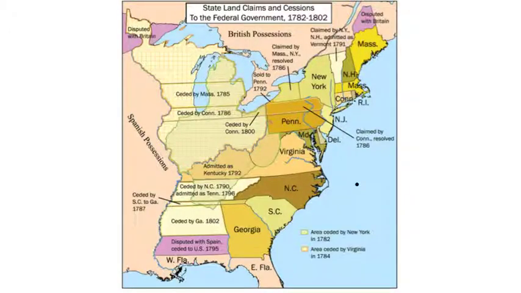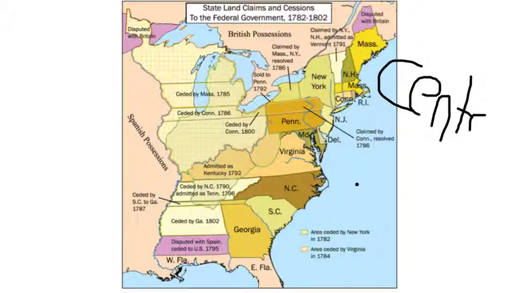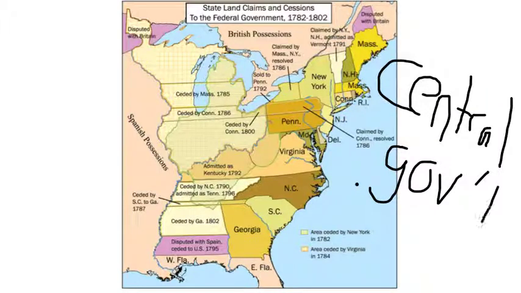And it's going to be helpful for us to consider here what a strong central government is. Under the Articles of Confederation you have state governments. You have a confederation where the states all individually are in charge.